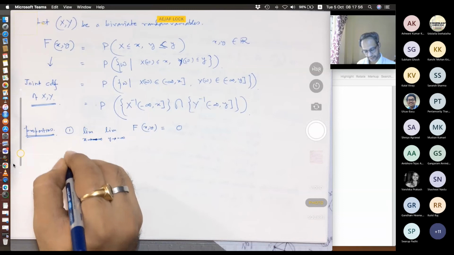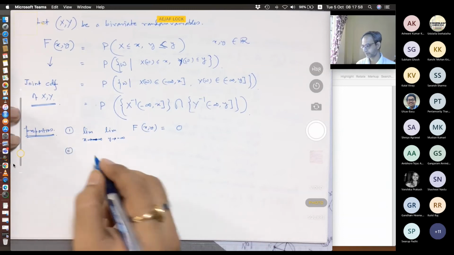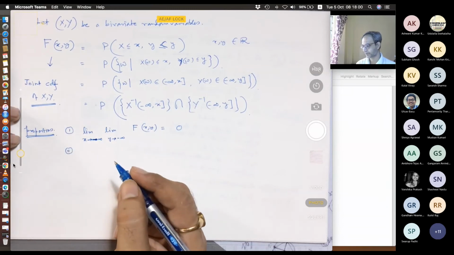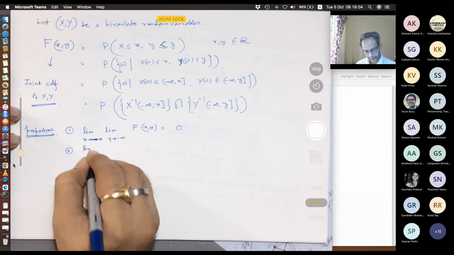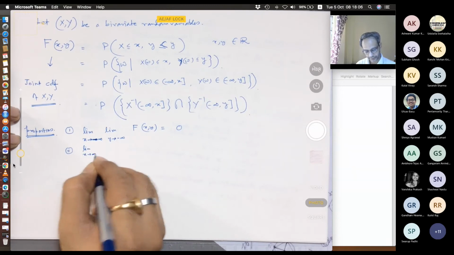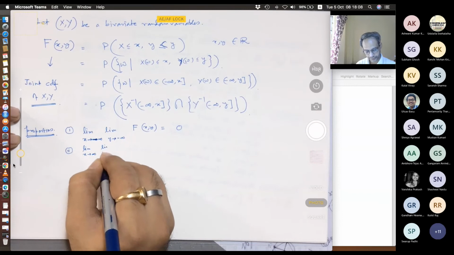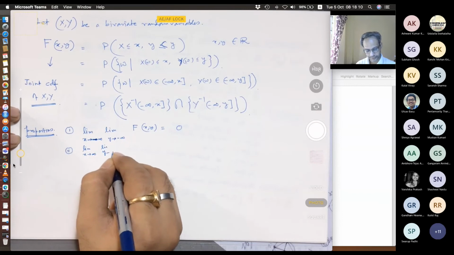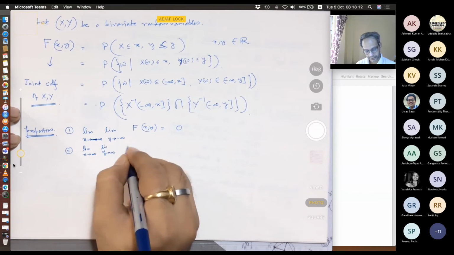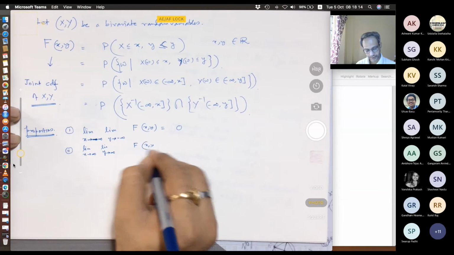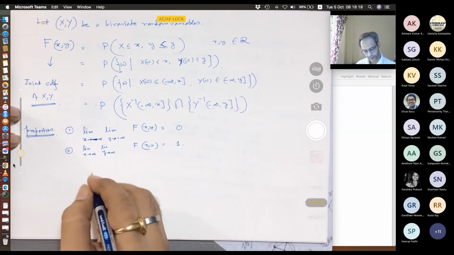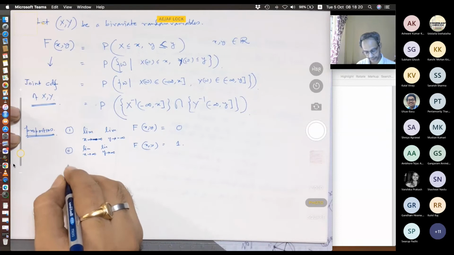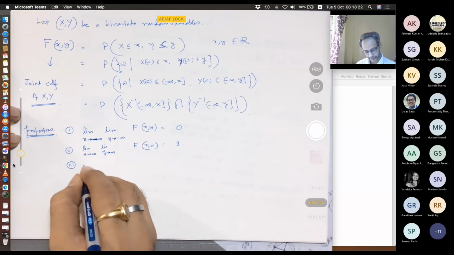Second thing, take both of them to plus infinity, limit x goes to plus infinity, limit y goes to plus infinity, Fxy, trivially this is 1.